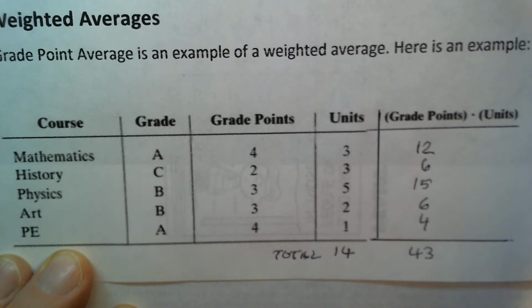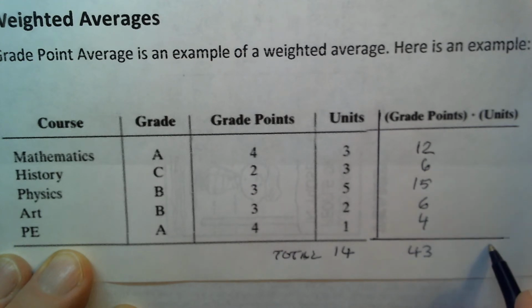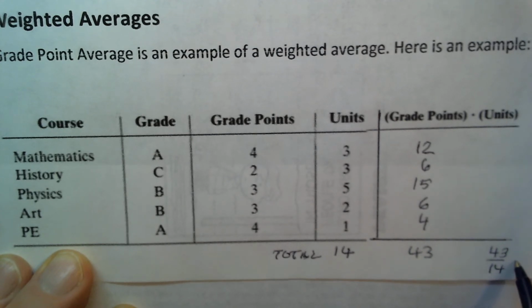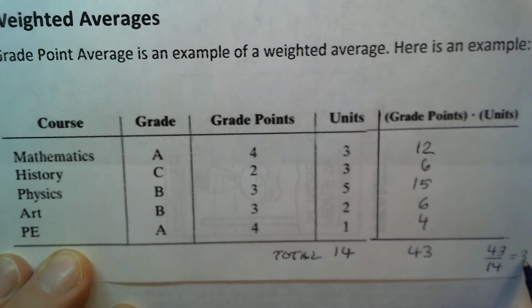Then the grade point average is simply 43 divided by 14, and that's equal to about 3.07. So that would be the GPA for this student.